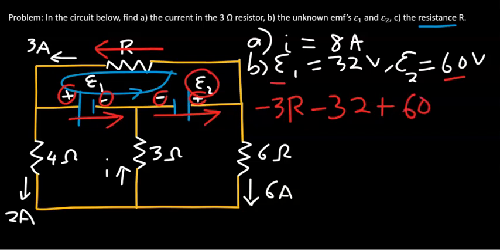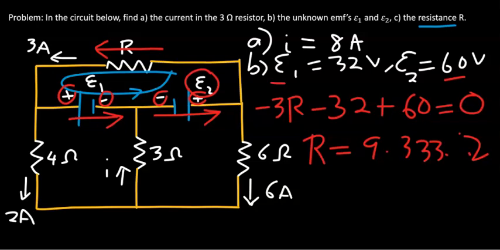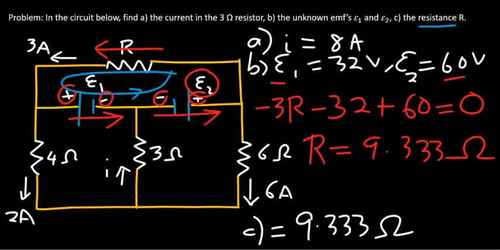There aren't any other components left in the loop, so the sum of these 3 terms should give you 0. Solving for R, we get R to be 9.333 ohms. And that's the answer for part C, namely 9.333 ohms, and that solves the problem.